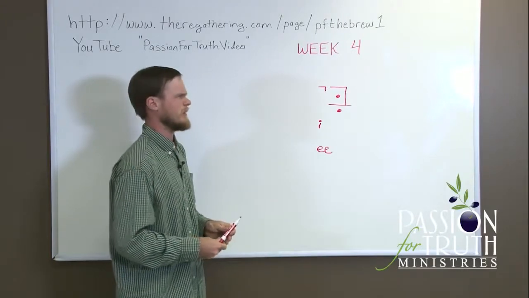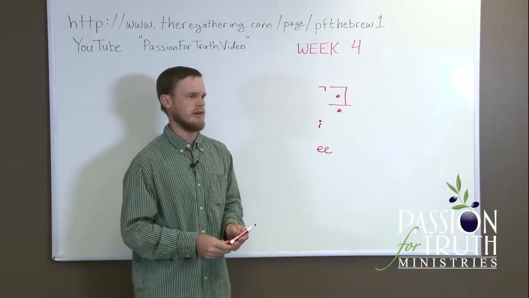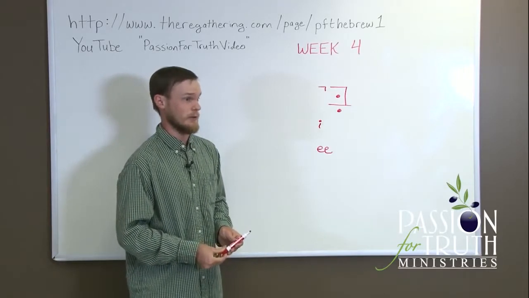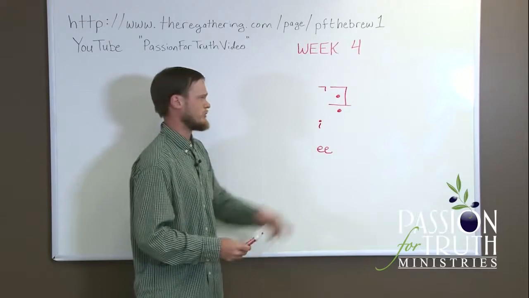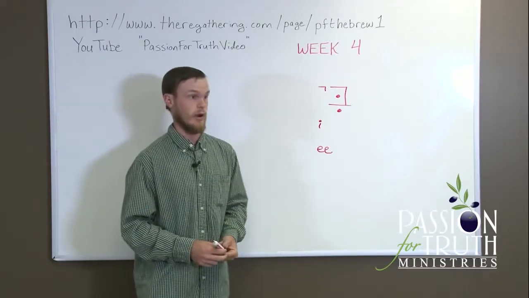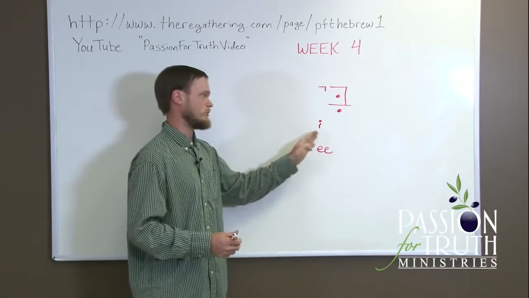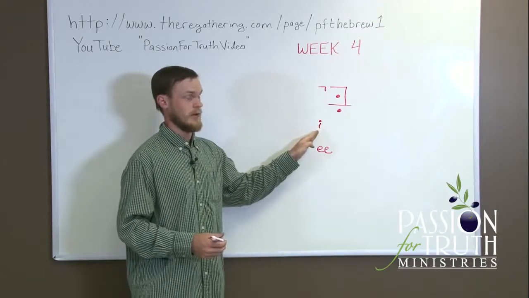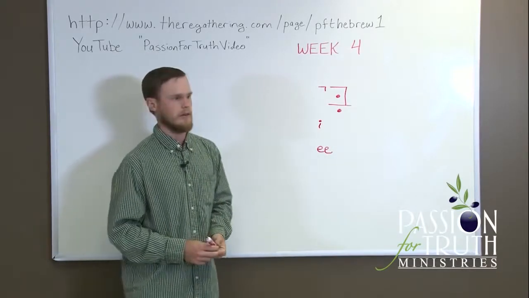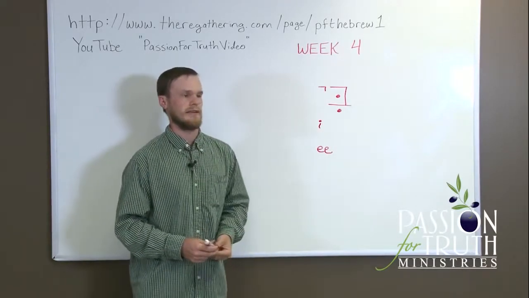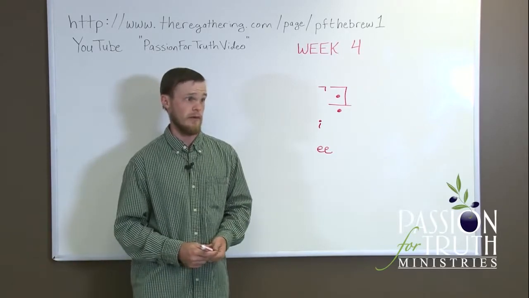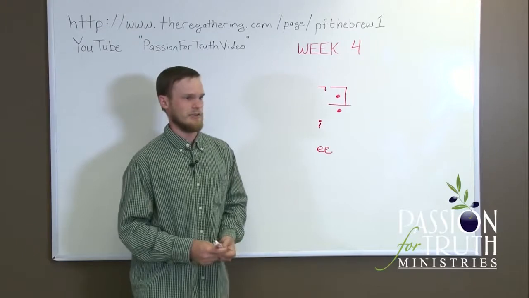Now, wait a minute, that only has a chirik and he's pronouncing it as a long E. Why is that? There's not necessarily a why. Sometimes it's easier to do it that way. There are certain words that are difficult to pronounce. The chirik is a short I because of the sounds that follow, and so I'm going to make an effort to always pronounce it as short I, but I may slip sometimes. One of those is kisei, which is a word we'll go over probably next week. Kisei is a chair. More specifically, it's a throne. But it's hard to say kisei. It's easier to say kisei.